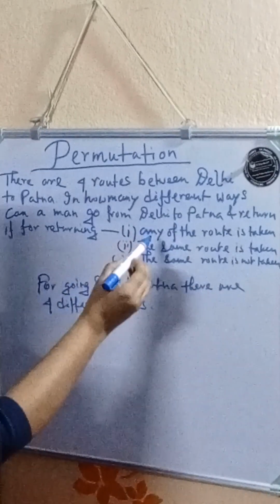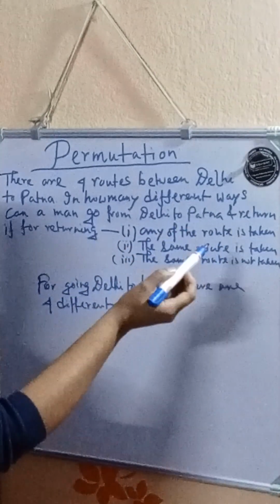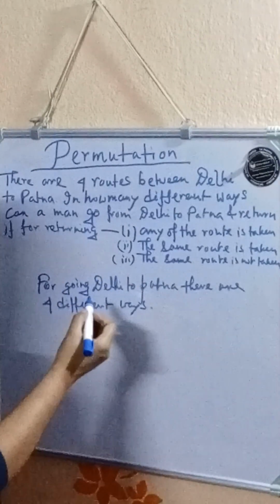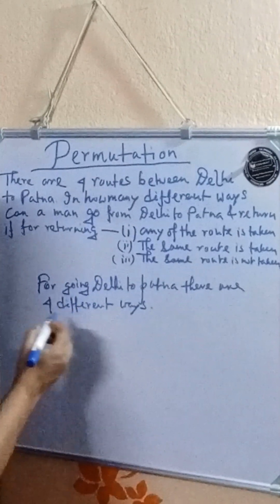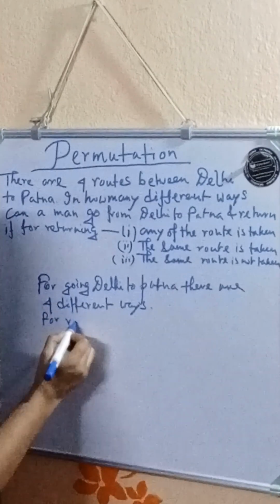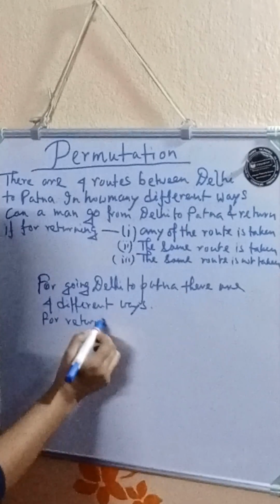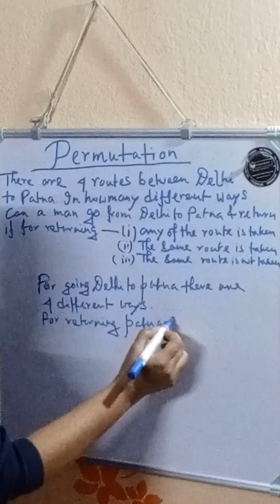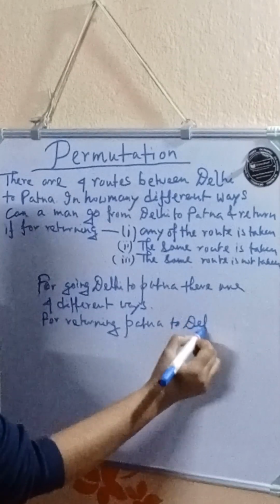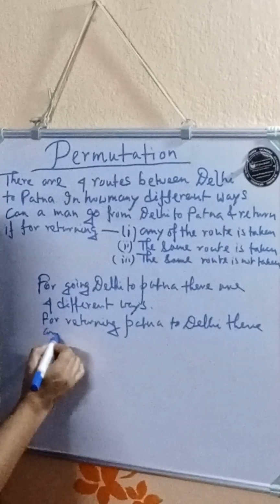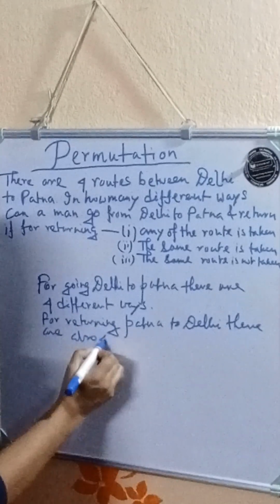And when we use any of the routes for returning, then for returning Patna to Delhi, there are also 4 different ways.